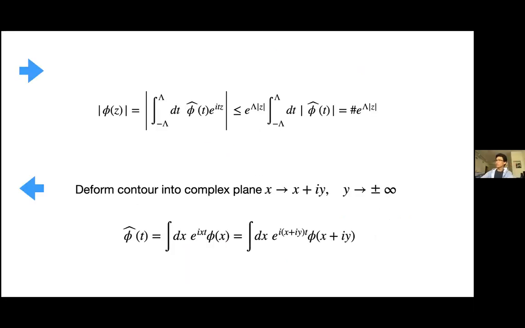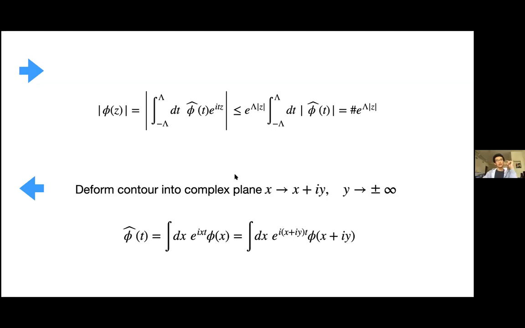I guess I have some time to discuss roughly the proof of this theorem, let me just sketch it. One direction goes very easily: if you have a function phi hat of finite support, then you take its Fourier transform to compute phi of z, and it's pretty clear, just because of this exponent, that it's bounded by e to the lambda mod z in the complex plane.